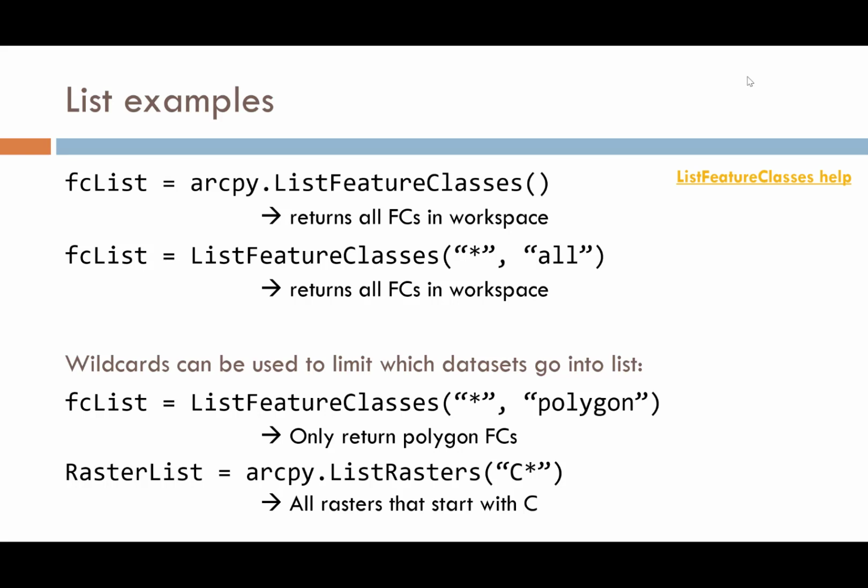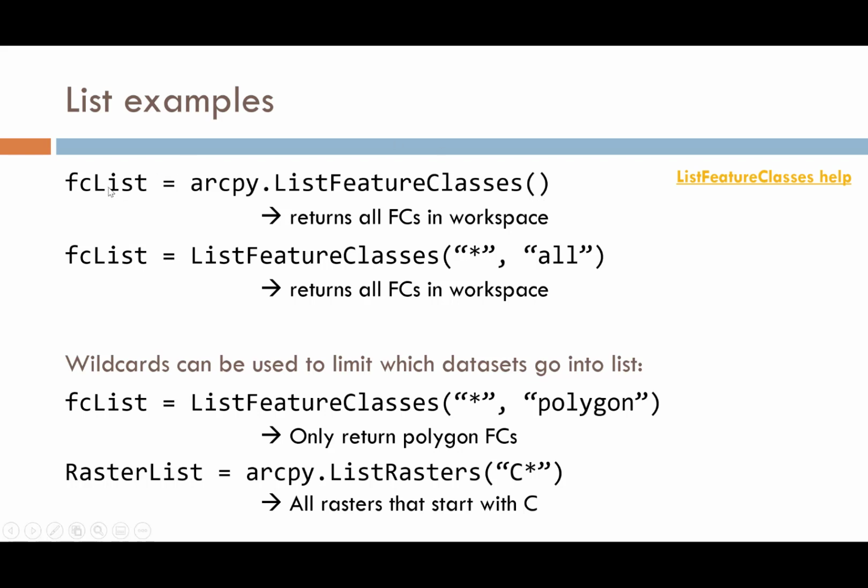Here we're looking at list feature classes, which is probably the most common one that you will use, or maybe list rasters. So the way it works is you just call arcpy.listFeatureClasses, and then there are some arguments that you can put in the parentheses here, but if you leave it empty, what it will do is just return all the feature classes in that workspace, regardless of wildcard or what they're called or what type of data it is.